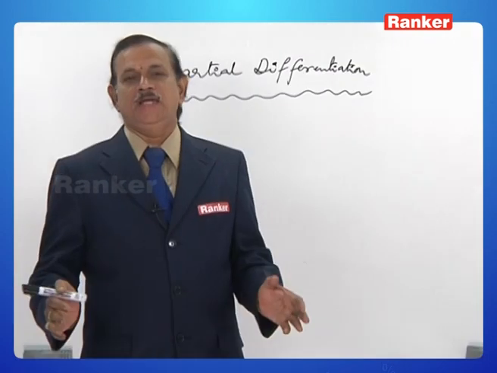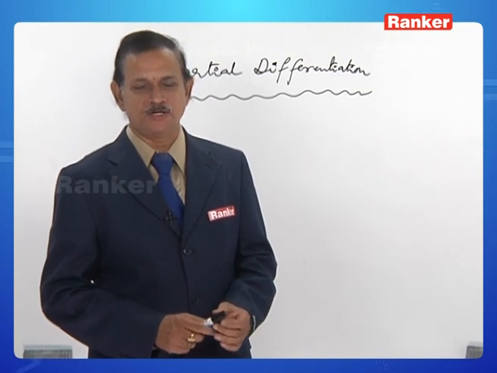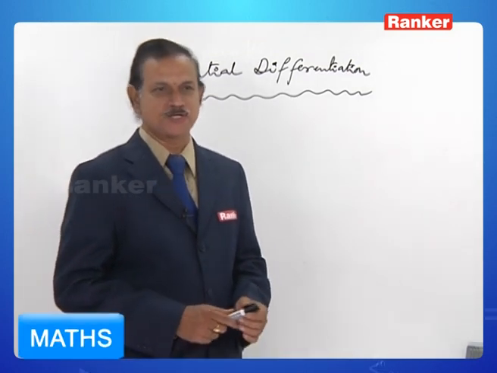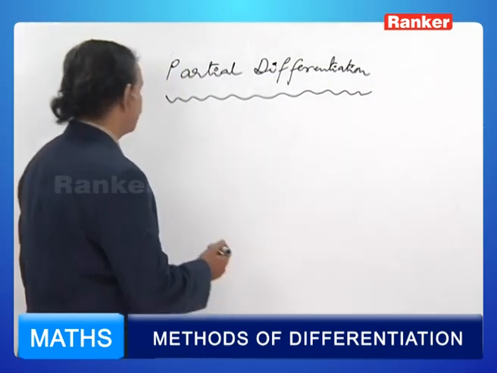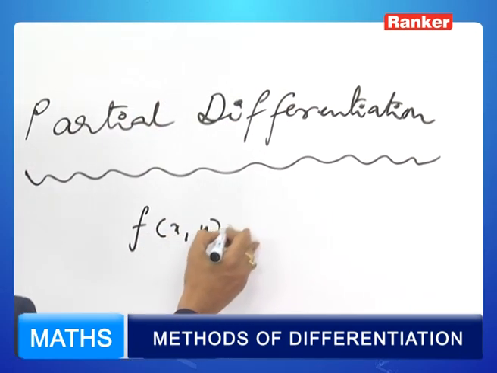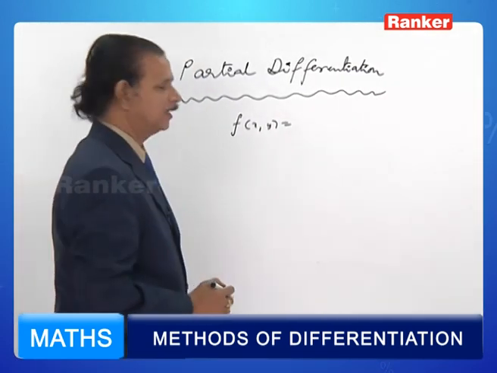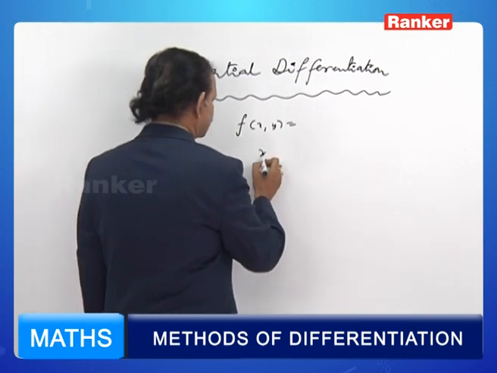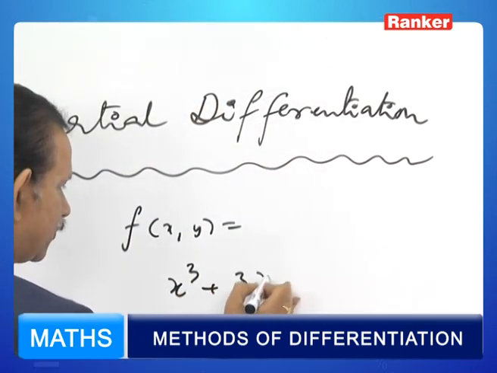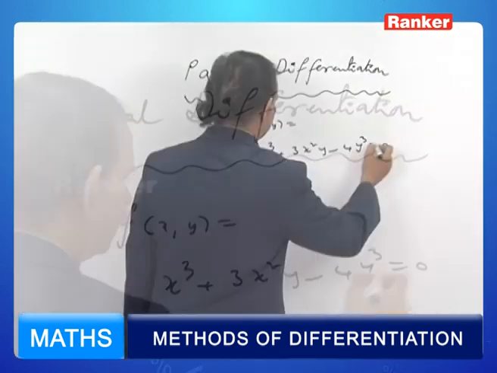Yes. Another wing of differentiation is partial derivatives or partial differentiation. Suppose there has been a function of 2 variables or 3 variables or whatever might be the number of variables. As an example, x cube plus 3x square y minus 4y cube is equal to 0.